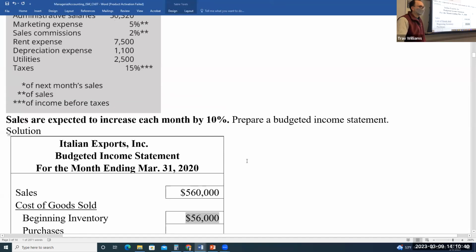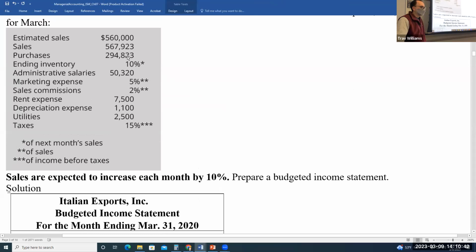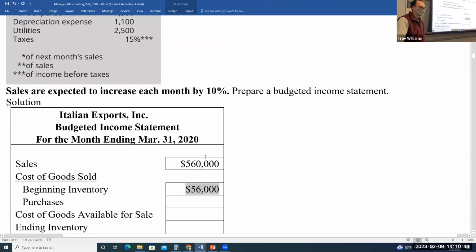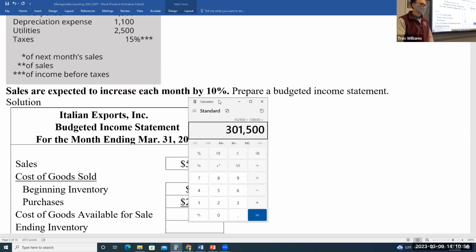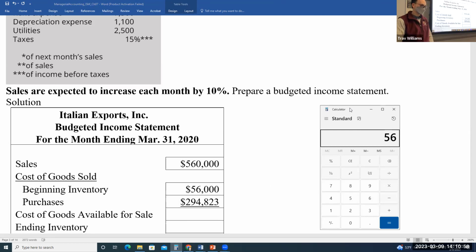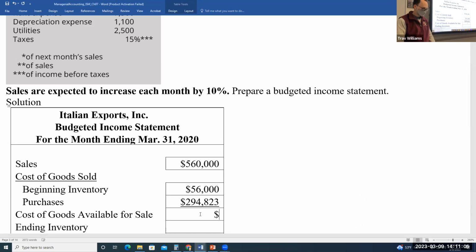All right, then purchases, they give us here 294,823. So if we add beginning inventory plus our purchases, that will give us the cost of goods that were available for sale. 350,823.